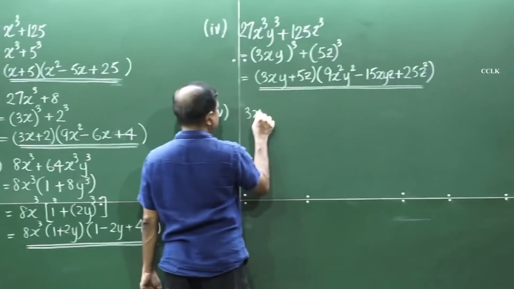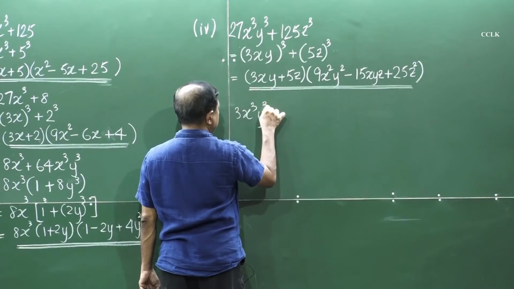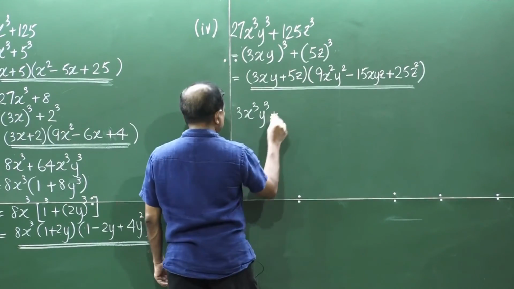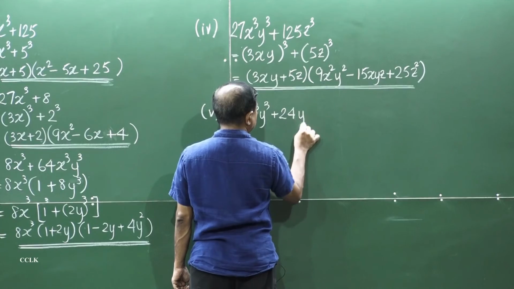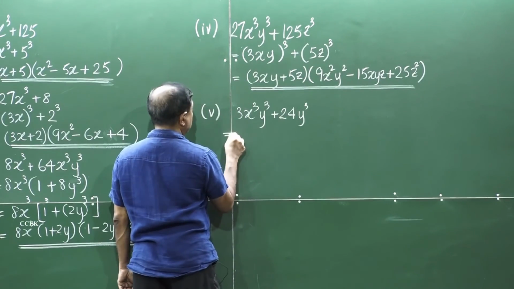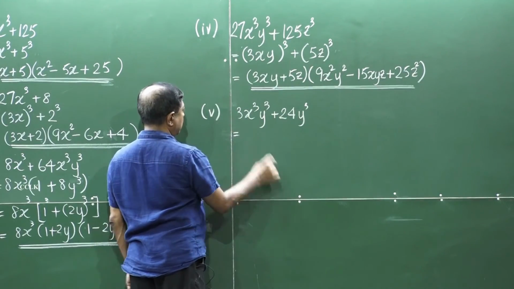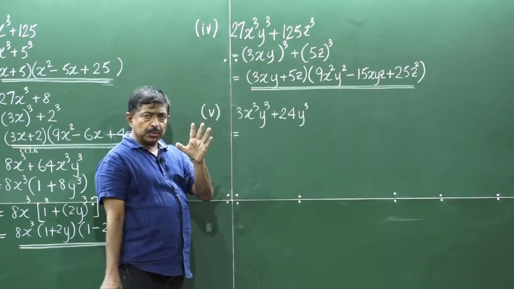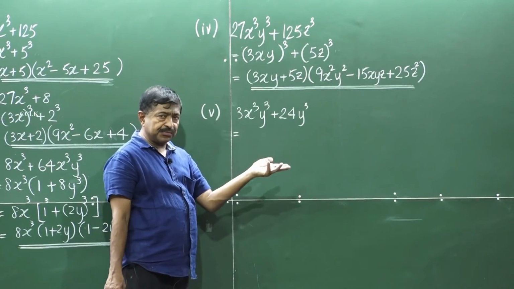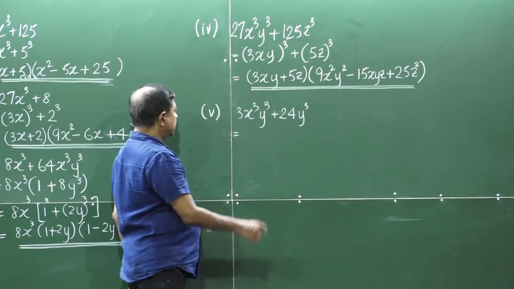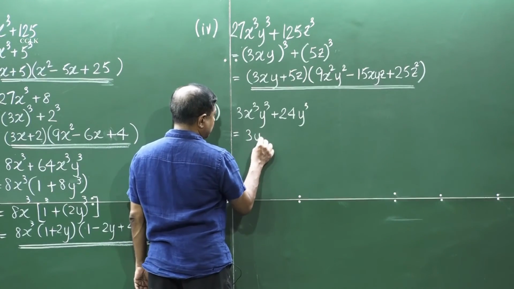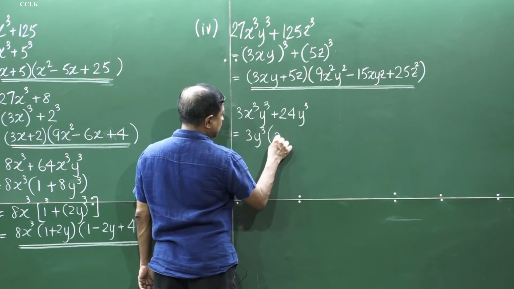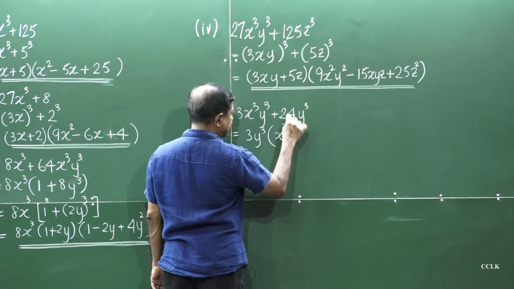3x cube y cube plus 24y cube. Now look, the rule of thumb is that if you have a common factor, you have to pull them out. 3 is common, y cube is common, you will end up with x cube plus 8.